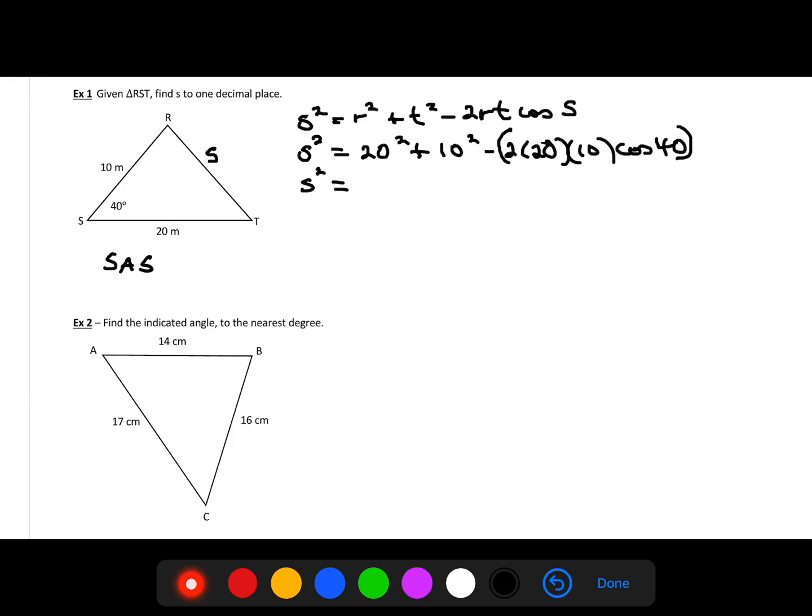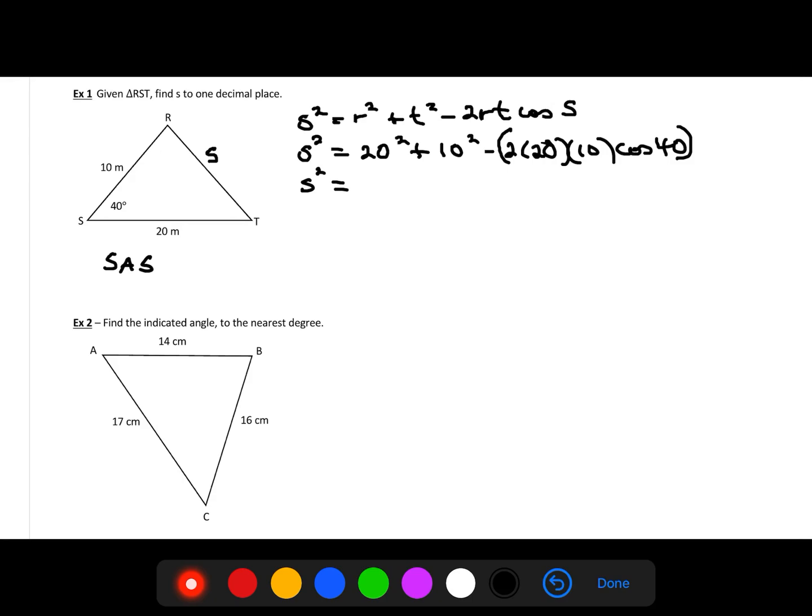So subbing that all in there, 20 squared plus 10 squared minus, and we can do this all in one step in our calculators, just making sure that we have brackets around that last portion, because BEDMAS tells us that that multiplication has to be done before we subtract.